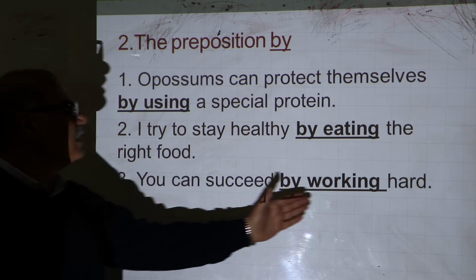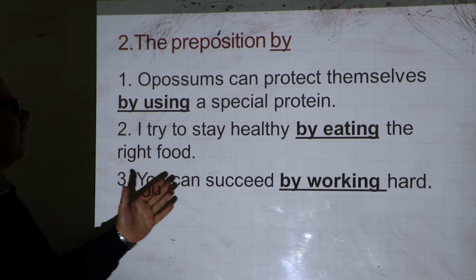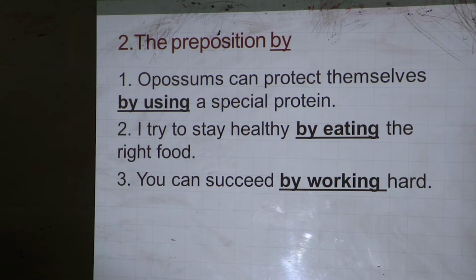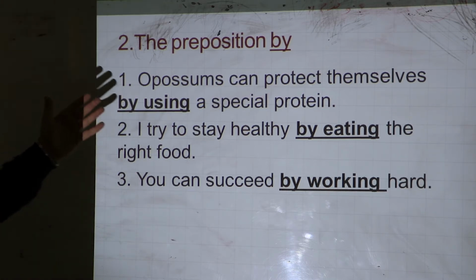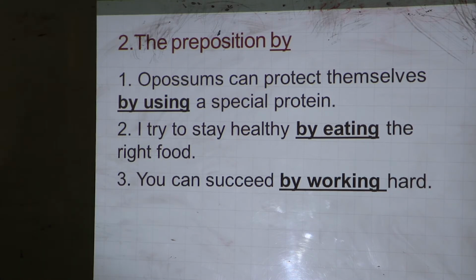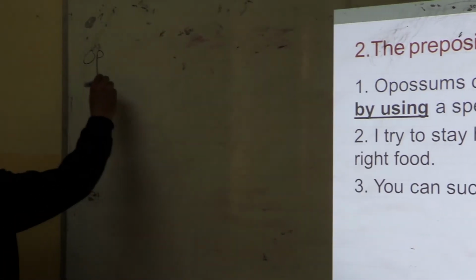So here by is followed by the ing form and it is used to describe how an action is done, using how. We can use other examples with by. We, for example, talked about opossums and how they can protect themselves. We can say opossums can protect themselves, for example, by pretending to be dead.